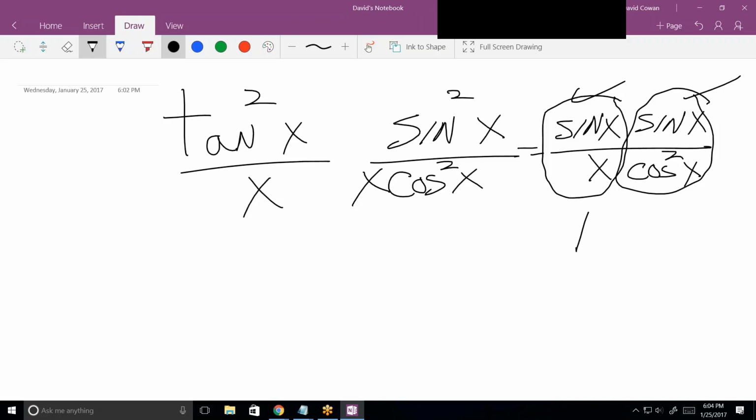Just by direct substitution, 0. Well, yes, it does, but it's 0 over 1. Okay, so I'm multiplying it by 0 over 1, which is 0. Anything times 0 is 0, so the whole limit goes to 0.